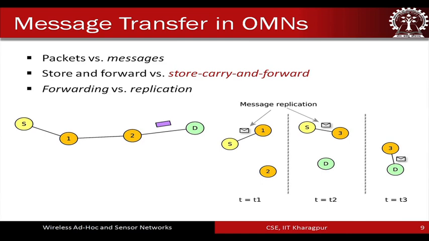Source node S, at time instants t1 and t2, replicated the message, sending it once to node 1 and at a later time instant sending the same, replicated message to node 3.